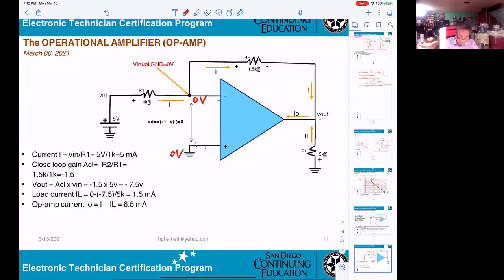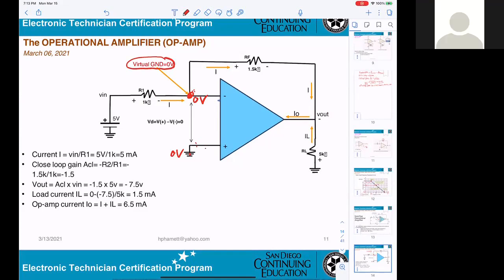That means this point is supposed to be 0. The difference between positive and negative is 0, so that's why they are equal. The only difference is that this 0 volt point is not called ground, it's called a virtual ground. That's just the definition.